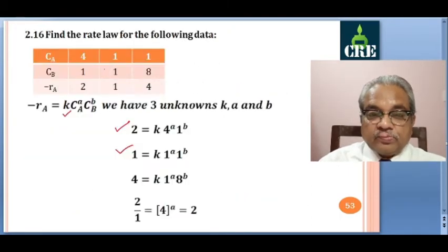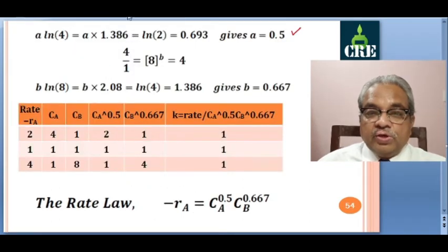Then equation 3 by 2, 4 by 1 will give you 8 raised to b, and that is equal to 4. So b you can calculate, and you get 0.667. So using these points again, Ca raised to 0.5, Cb raised to 0.667, K will be rate divided by Ca raised to 0.5 into Cb raised to 0.667.